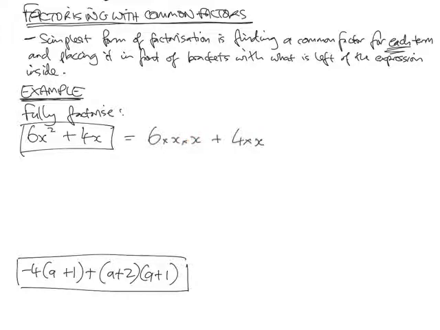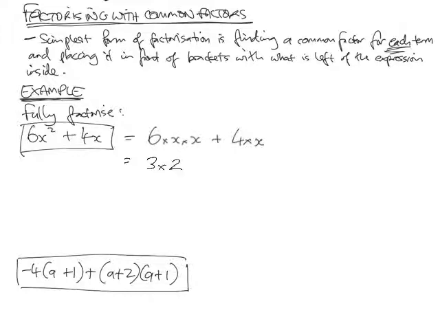But we want to fully factorize this. So you have to realize that these two, just like with fractions and stuff, you can simplify them down. There is a common factor to 6 and 4, and that is 2, because 6 is 2 times by 3, and 4 is 2 times by 2. So I'm going to rewrite it again, even less simplified, so that you can see the factors.